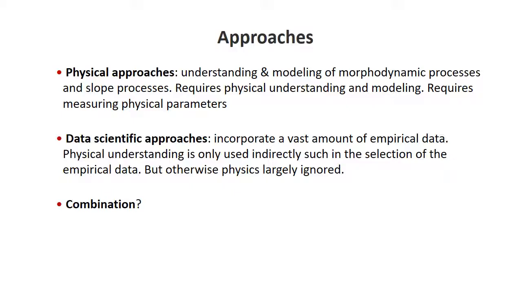So the alternative approach would be to look at observations, do data scientific approaches, and allow yourself to incorporate a vast amount of empirical data. That is somewhat more difficult with the physical approaches, of course, because it's very difficult to tune all these physical models to empirical data. And of course, we can also think about a combination, and I think that's where people at this point are heading towards.